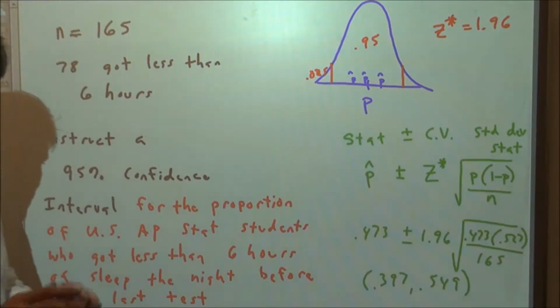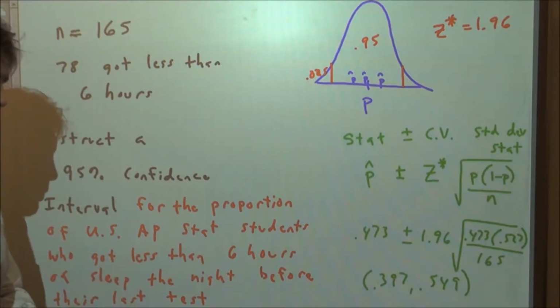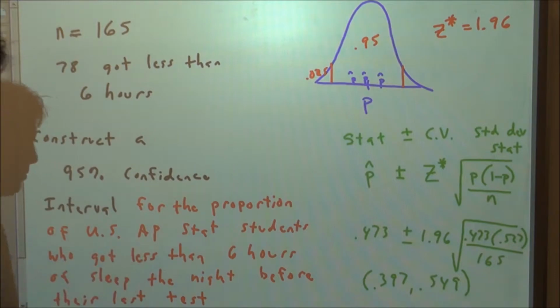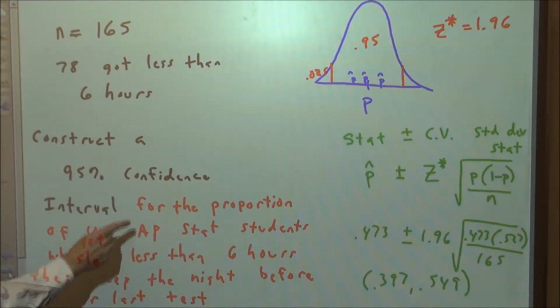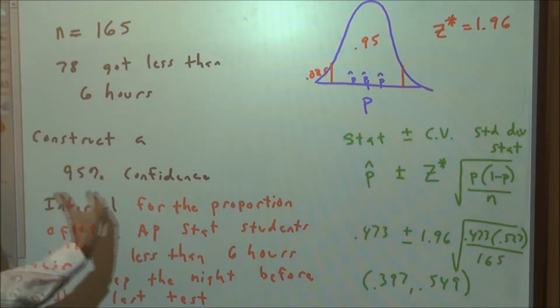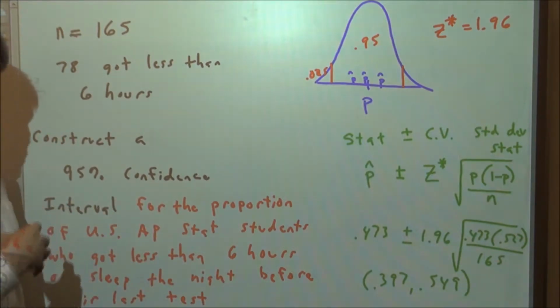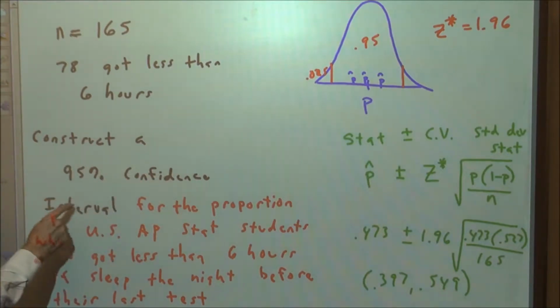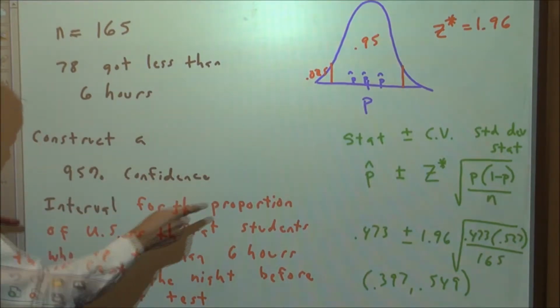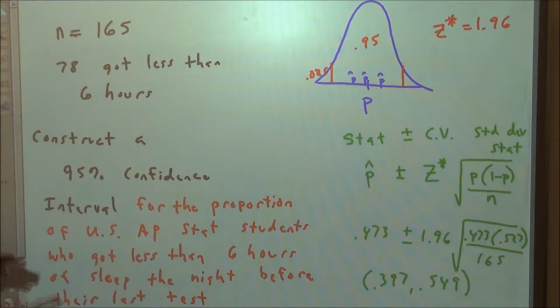Now here, when you're taking an AP exam and a free response question, the prepositional phrase, that's right, we're using language arts in here, will actually describe the parameter that we're estimating. So we're doing a 95% confidence interval for the proportion of US AP Stat students who got less than 6 hours of sleep the night before the last test. So they give it away. They tell you what the parameter is that we're estimating.